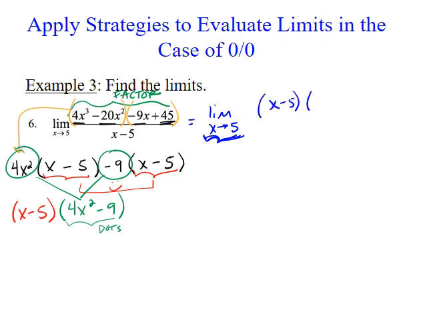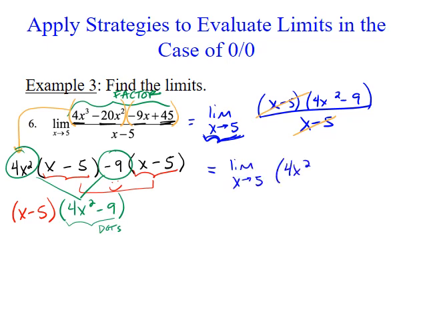We have factored the numerator to get this. And our denominator is x minus 5. Well, these factors cancel out, so I am left with the limit as x approaches 5 of this. Well, if you look at this, now we can use direct substitution because nothing is weird.